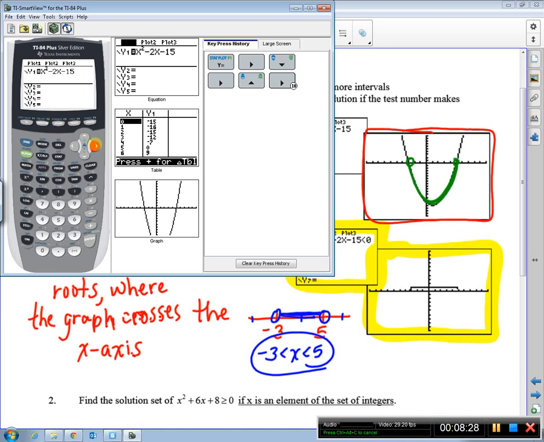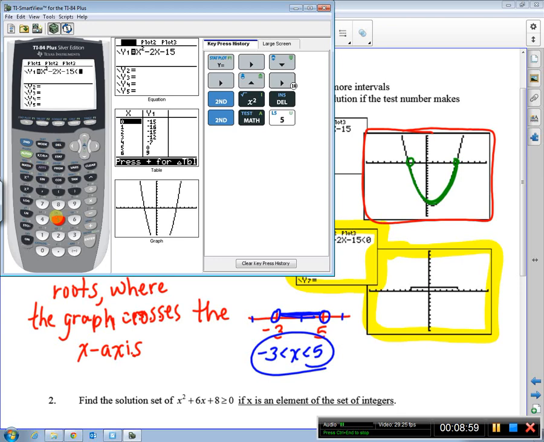There we go. And we're going to hit our second button and use the test menu, which is above math. Second, math. All right. And from there, we're going to choose the one that is less than. So that's choice 5.